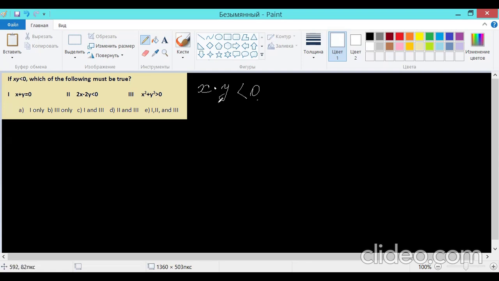In this particular case, we cannot conclude which of the two is negative and which is positive. And actually, it doesn't play a role. It's not important to know which of the two is negative. All we need to know to choose the right answer is that one of the two is negative.